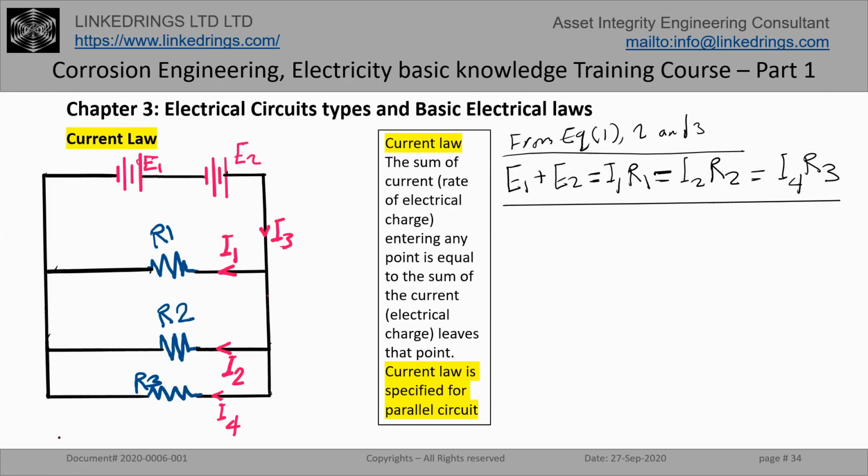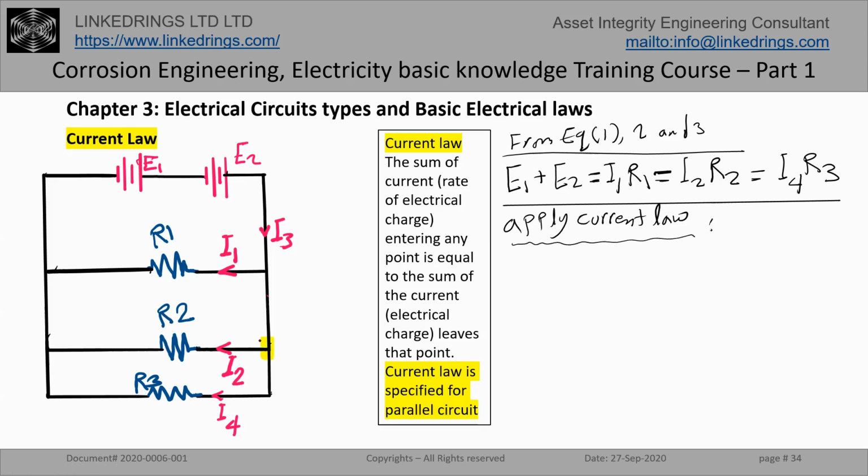The current law tells us the sum of the currents entering any point equals the sum of the currents leaving that point. So let's take each point one by one and see what that means. Let's apply the current law.